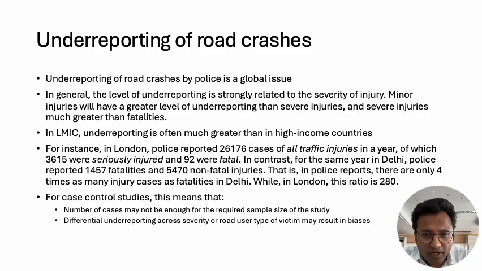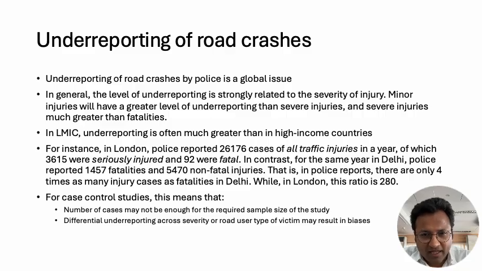So, underreporting means that if those 100 crashes are taking place, only about, let's say, 20 are being reported to the police. Many of those crashes do take place, but police do not record them and hence do not report them. What we also know from a lot of empirical work done across the world is that this underreporting has differential bias.